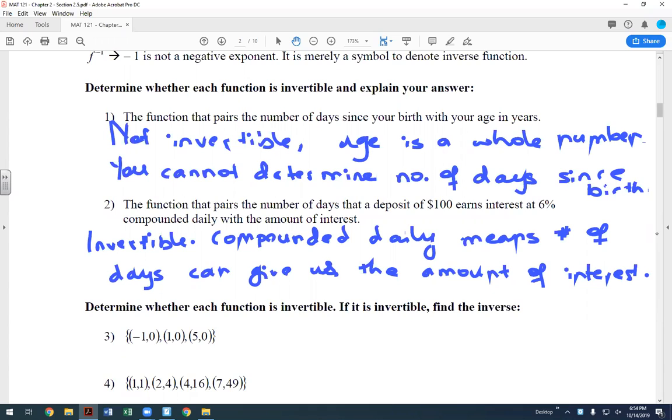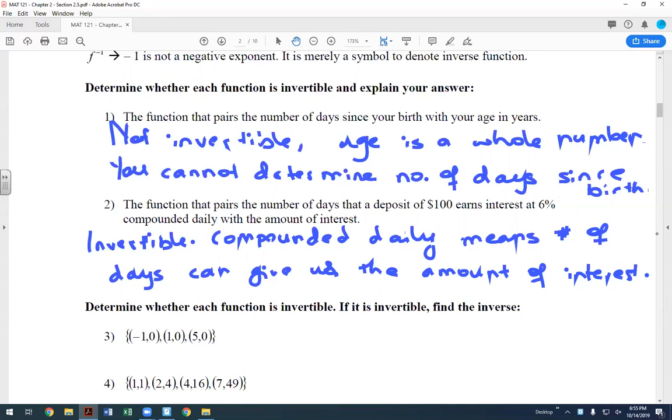And of course, this relationship will work backwards also, right? Because if I knew how much interest my $100 had earned, I should be able to work backwards and calculate how many days that money has stayed in this account. So remember that one-to-one relationship has to go both ways for your function to be considered as being invertible. So this was just in general terms.